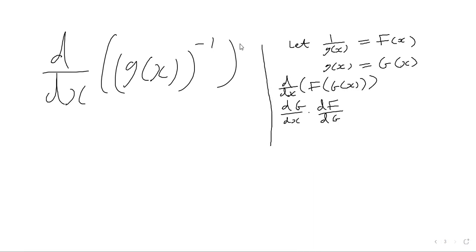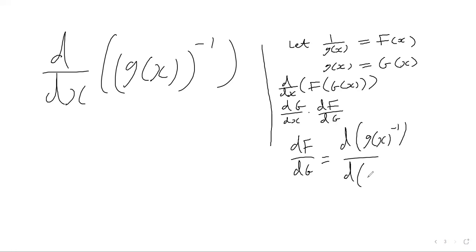Okay, yeah, so if we differentiate f with respect to g, let's just be clear about this. We're differentiating 1 over g of x, so g to the power of minus 1, with respect to g of x.